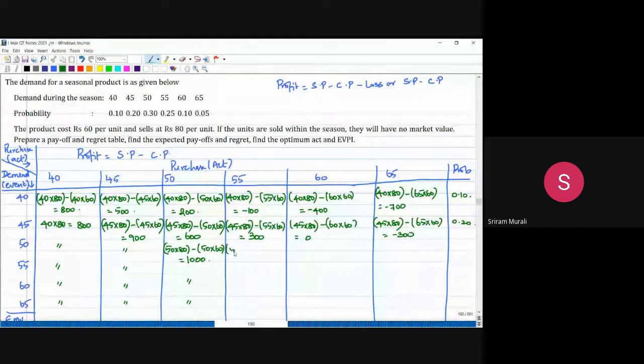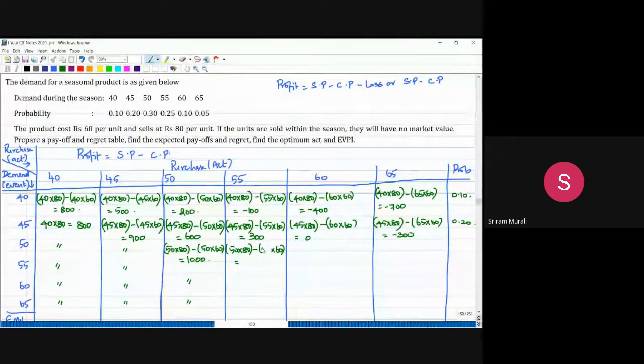This is 50 into 80 minus 60 into 60. This is equal to 400. I'm sorry. 50 into 80, 55.